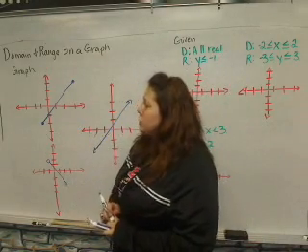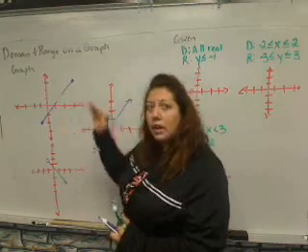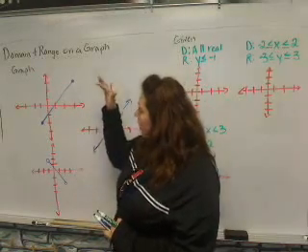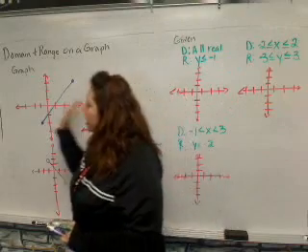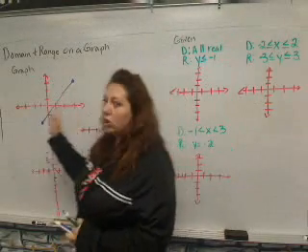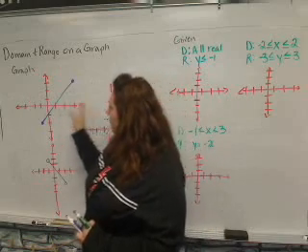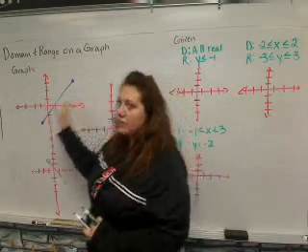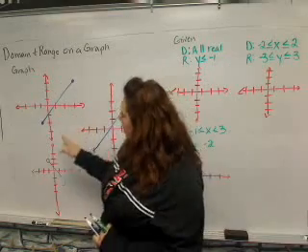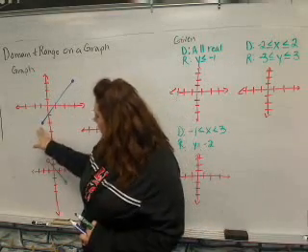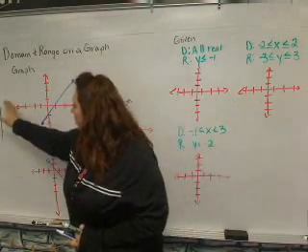What you want to do is you want to look horizontally and you want to look vertically, okay? So you want to look at just the domain. What is going on the x's, okay? So just from left to right, where is my function at, okay? My function starts here. I'll start looking left, okay?